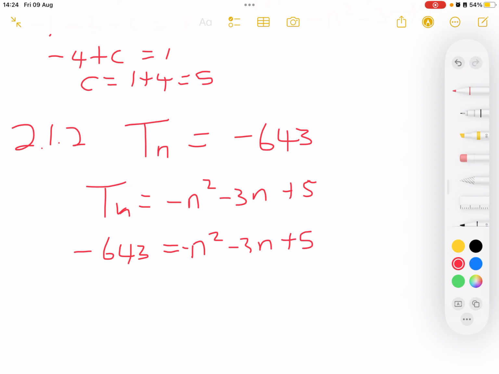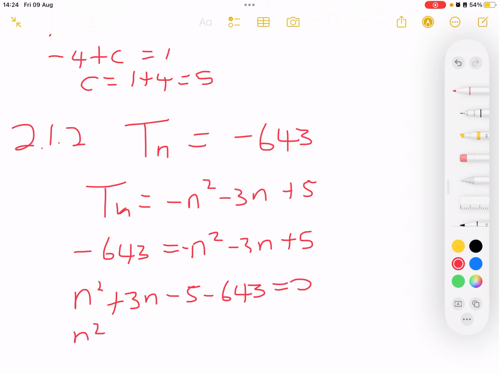We can then see that this is a simple quadratic equation, and if we simplify this, n squared, if we transpose to the left hand side, n squared plus 3n minus 5 minus 643 is equal to 0.